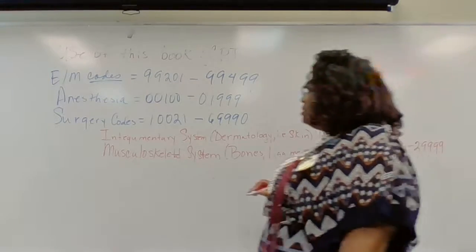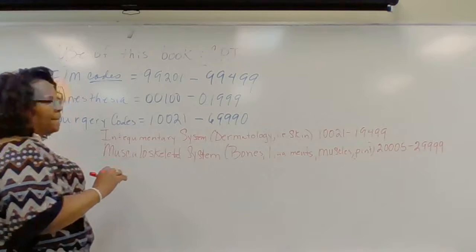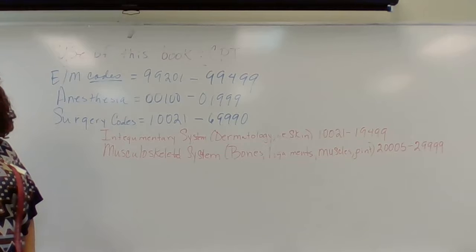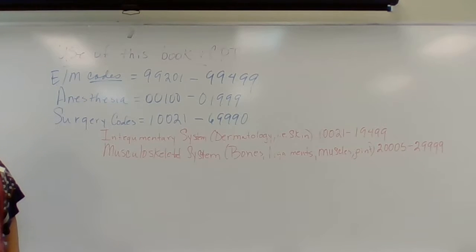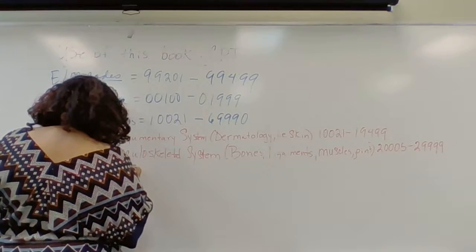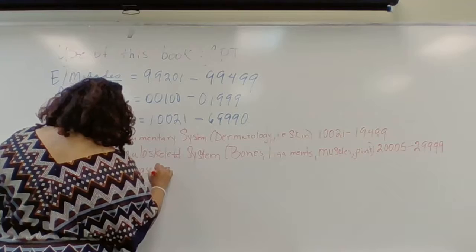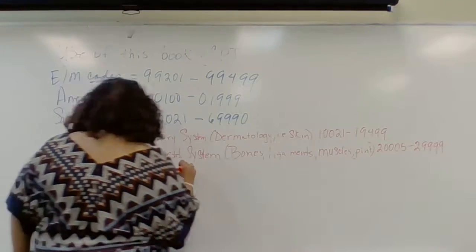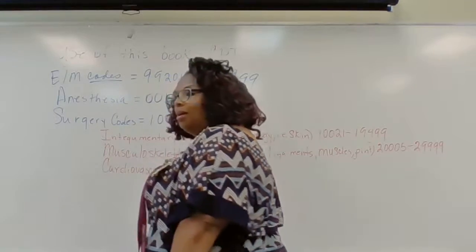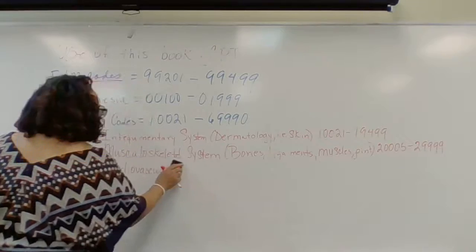Okay, very good. What's the next system? Cardiovascular. No, wait, the next one is respiratory. Oh, respiratory. It looks like the same color. It's a little bit lighter than that.